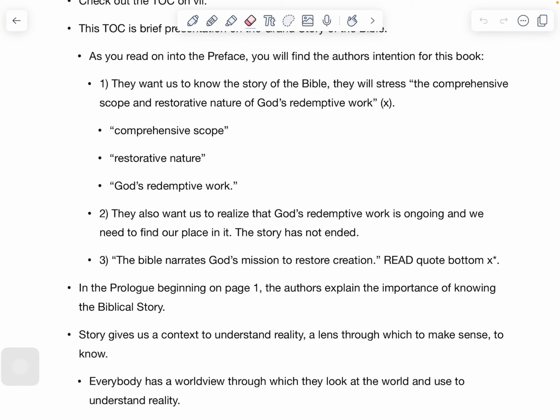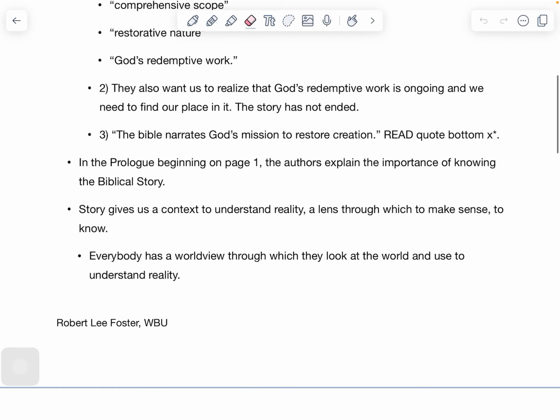In the prologue on page 1, the next section, the authors explain the importance of knowing the biblical story, and I hope you'll read that and give your attention to it as well. Story gives us a context to understand reality, a lens through which to make sense.